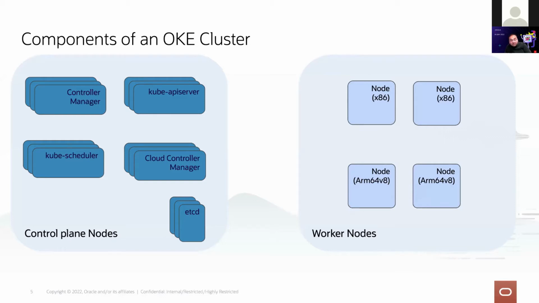They could be bare metal, they could be VMs, they could have GPUs. All kinds of permutations are possible here. And this is all within the same cluster, right? So you don't necessarily have to have an ARM cluster and an x86 cluster, right? You can have a single cluster with ARM nodes and x86 nodes.